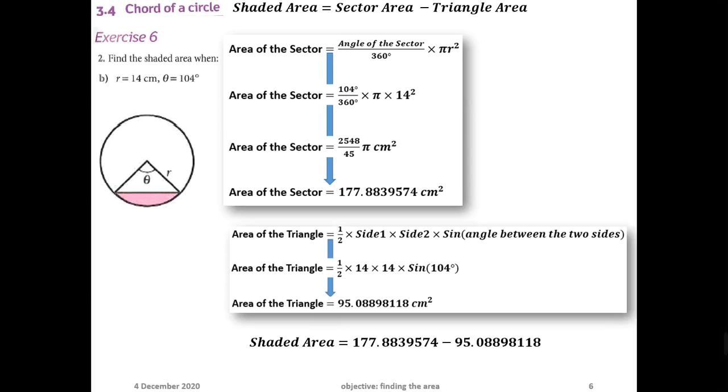To find the shaded area, we subtract the area of the triangle from the area of the sector, and accordingly the area of the segment is equal to 82.8 centimeters squared, rounded to 3 significant figures.